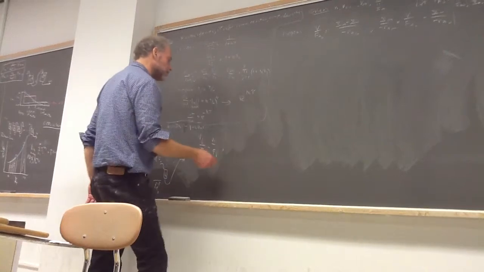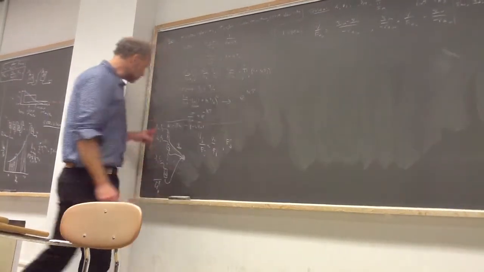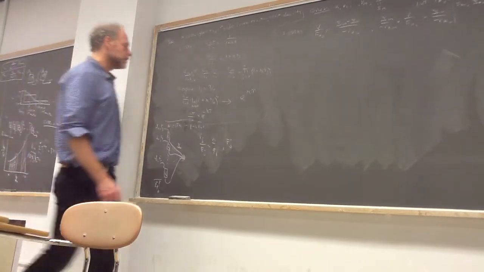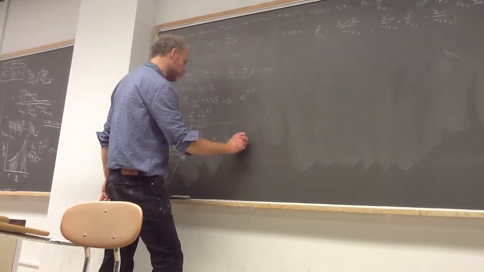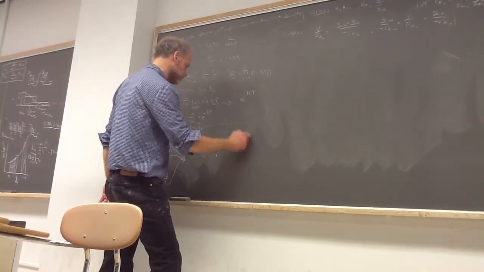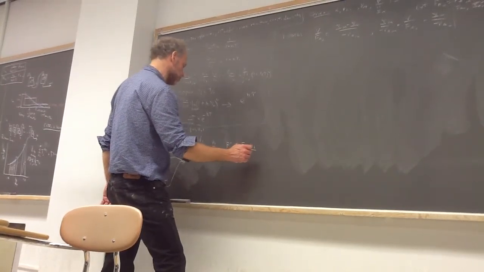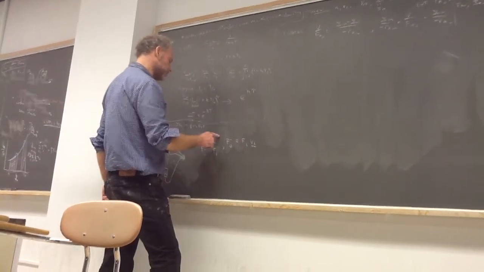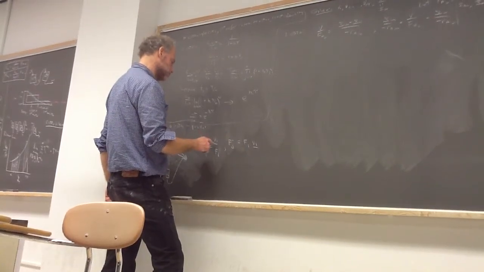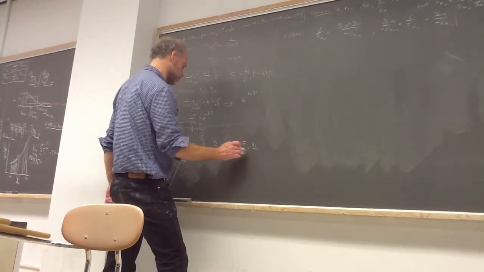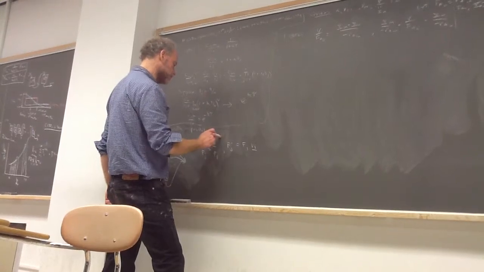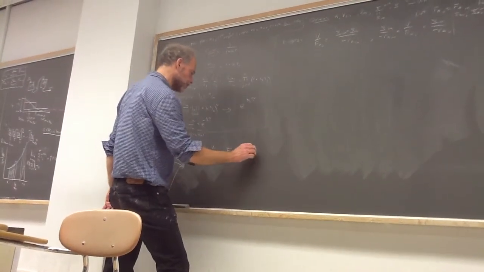So that tells me that the way I split these up, Fj is F1 times Vj over V1.